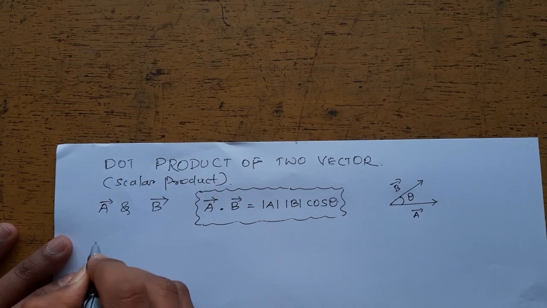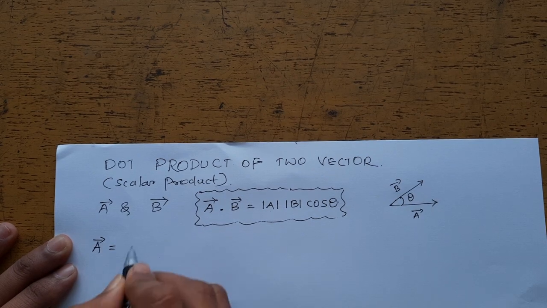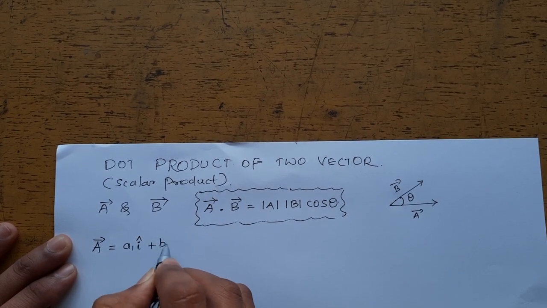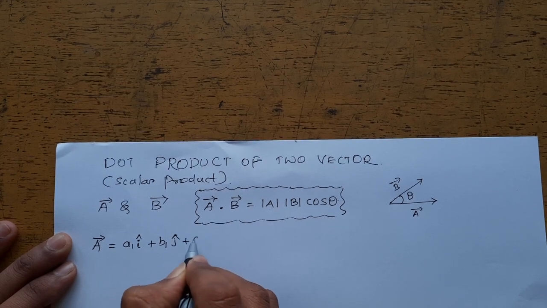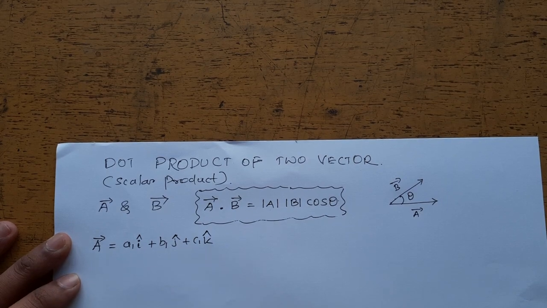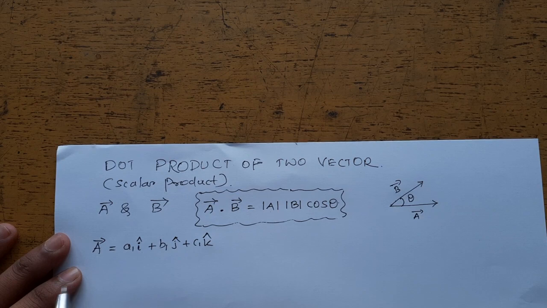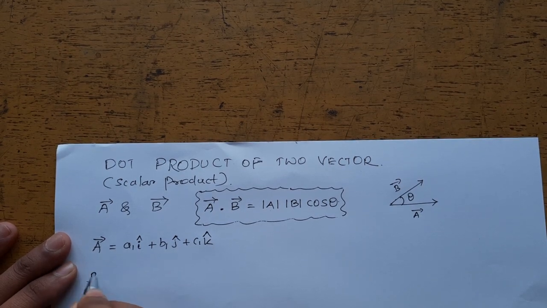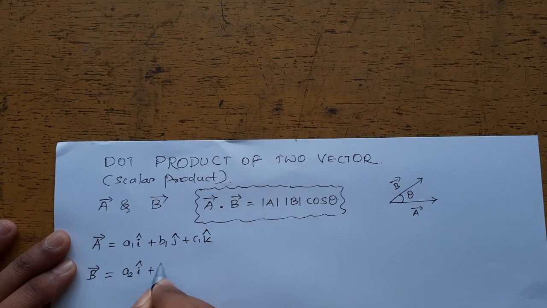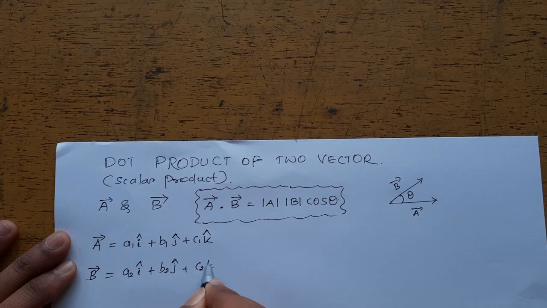Okay. So numerically, if vector A is given by A1 i cap plus B1 j cap plus C1 k cap, where i, j, k are unit vectors and A1, B1, C1 are magnitudes, then vector B is given by A2 i cap plus B2 j cap plus C2 k cap.